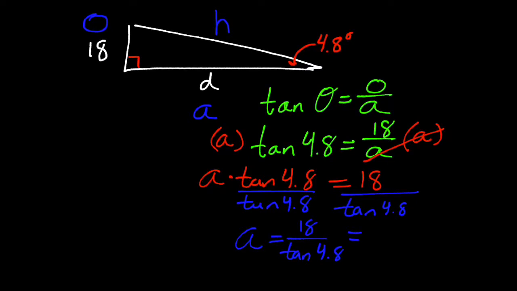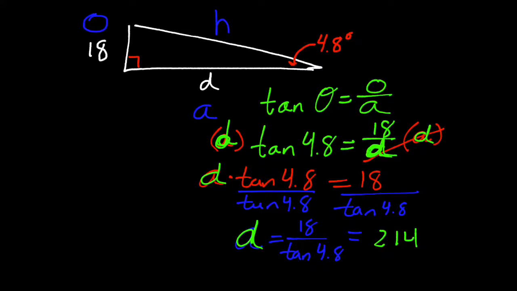Sorry, I don't know why I changed it to A. This should have been D, my bad. So D is 18 divided by the tangent of 4.8, which is approximately 214. Approximately 214. And there we go.